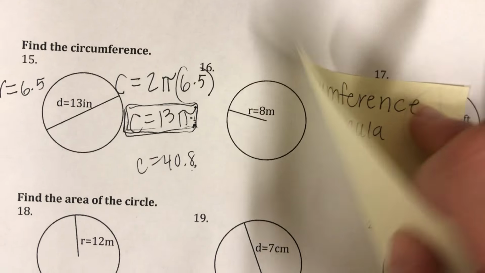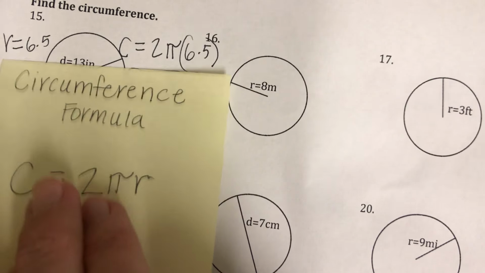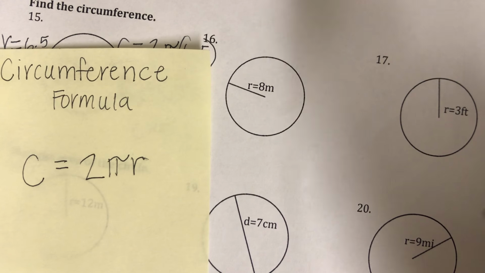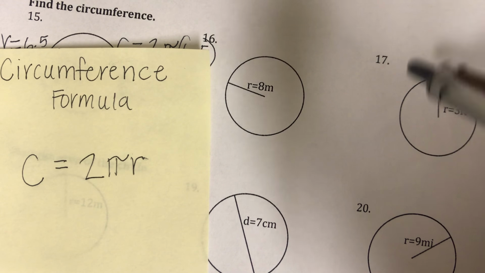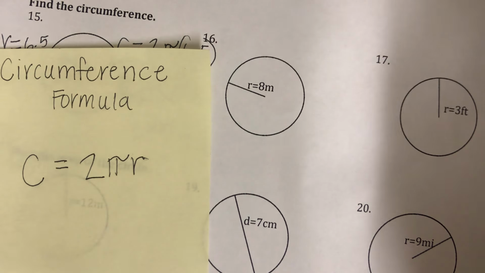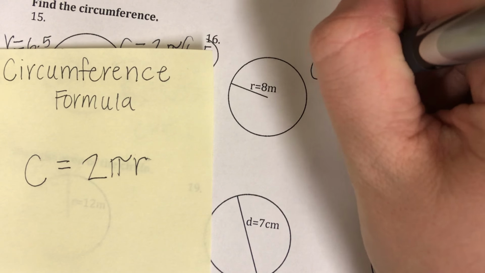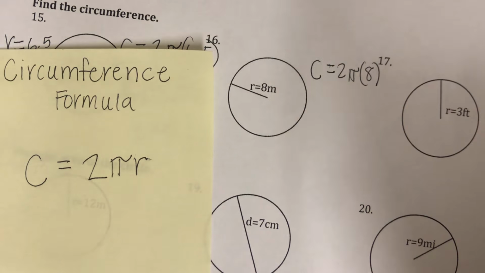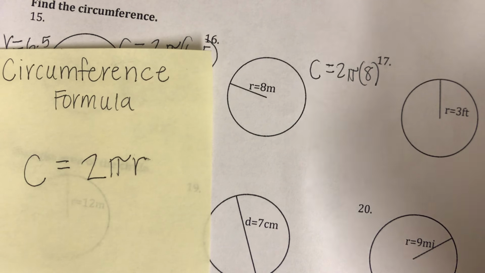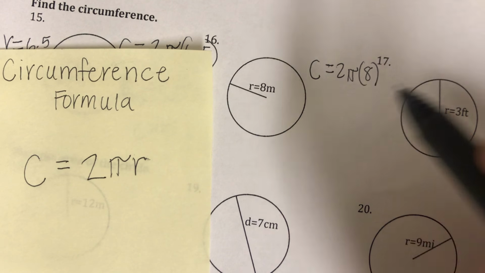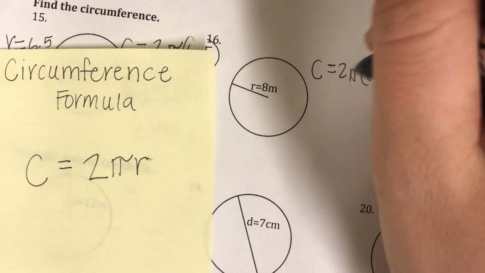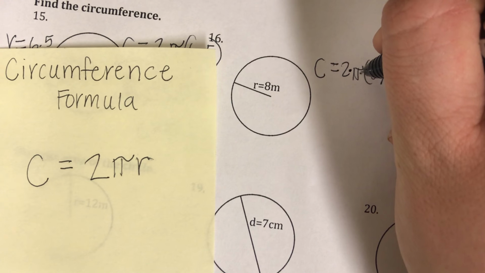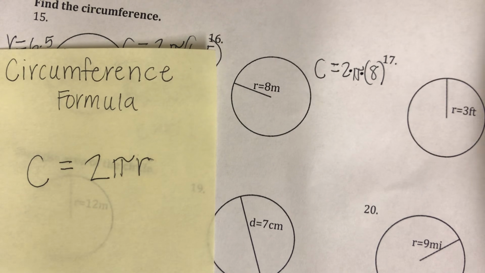Okay, the next one, number 16, should be pretty easy too. And 17, man, you guys are lucky. They're not that bad, right? So circumference is equal to 2 pi r. We're given that our radius is 8. So we're just going to have circumference is equal to 2 pi times 8. And like I said, we don't want to multiply pi through. What's happening is multiplication between each thing.